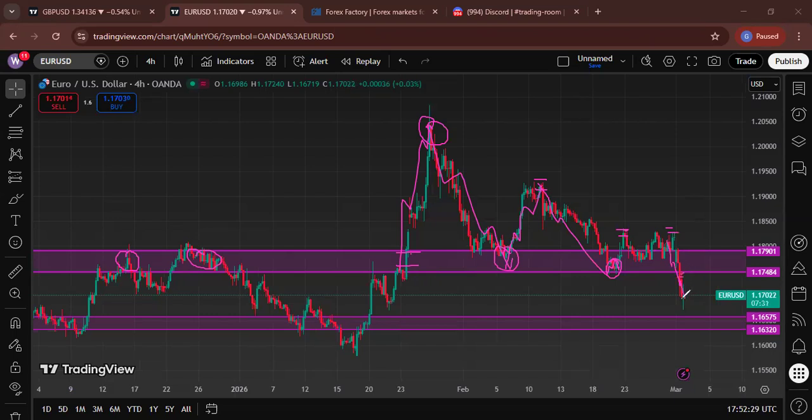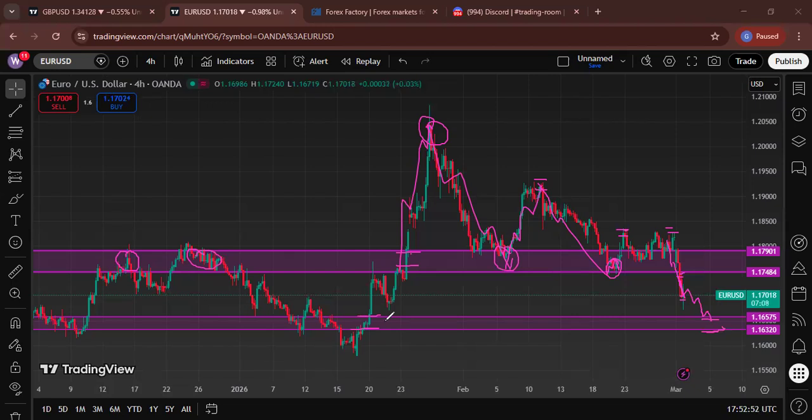Now price has formed a lower low, so I want to see a potential continuation of the drop lower into this next structure here. This is a structure of 1.16570 and 1.16320 areas. So we have 1.16570 and 1.16320 areas being the next levels of interest.